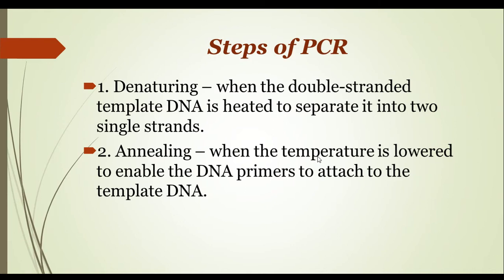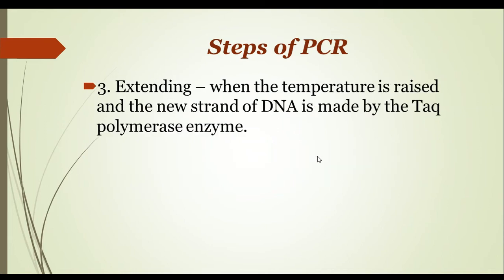First step is denaturing. When the double stranded template DNA is heated to separate it into two single strands, this step is called denaturing. Second step is annealing. When the temperature is lowered to enable the DNA primers to attach to template DNA, this step is called annealing.